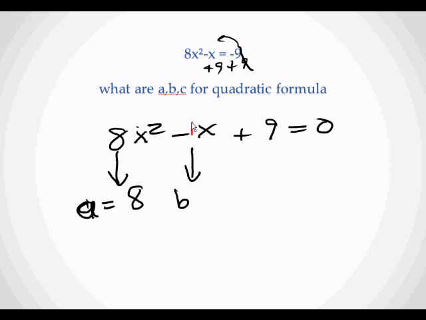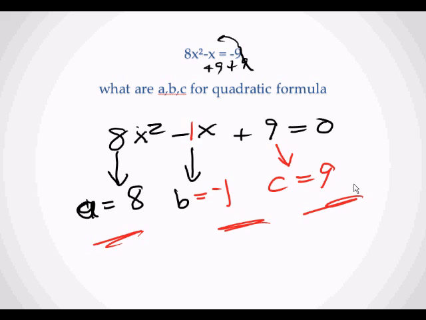Remember, A is the number in front of x squared. A is 8. B is the number in front of the x. There's an invisible 1 there. Don't say B is nothing. B is a -1. And then C is the number without an x. So they just want to know what A, B, and C equals. And we have it.